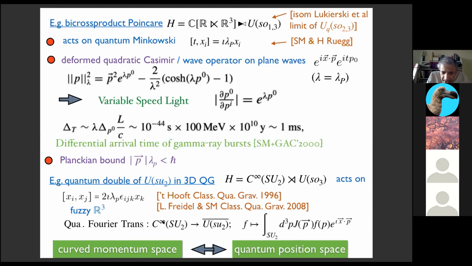What that means is, under Fourier transform, a non-commuting position space, like an enveloping algebra, corresponds on the dual side to a curved momentum space, namely functions on the curved SU(2) manifold. That was studied a bit more in my paper with Laurent Freidel. So we have actual models in 3D, and we have speculations in 4D with verifiable consequences.